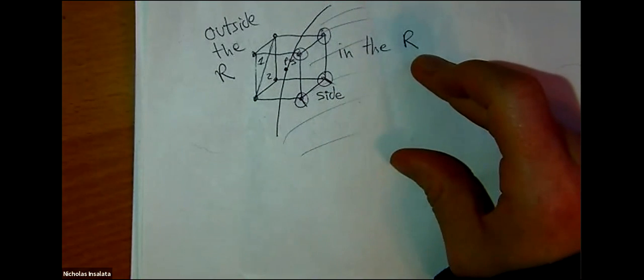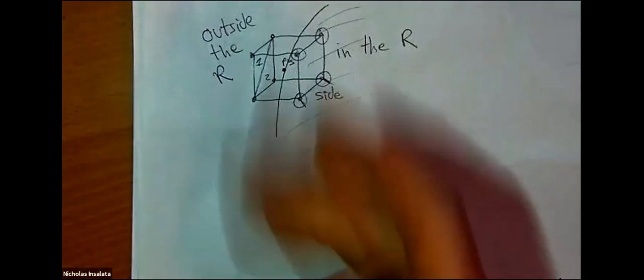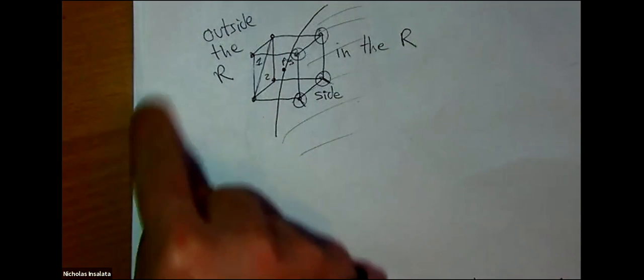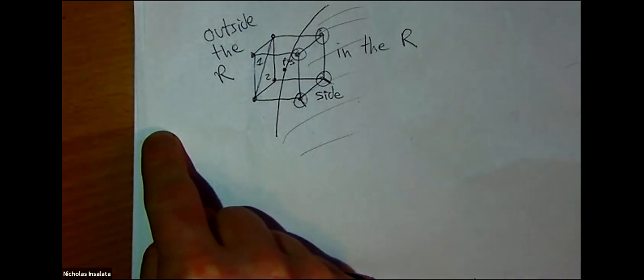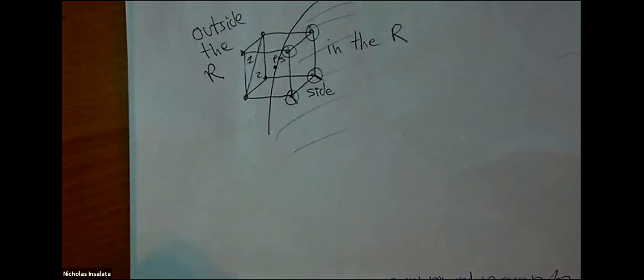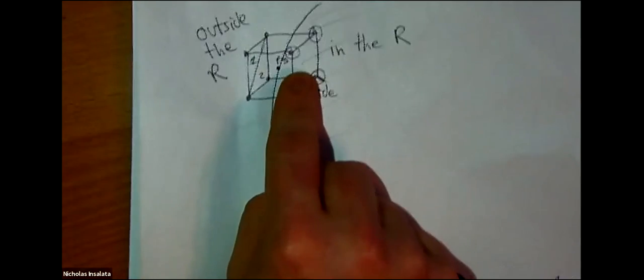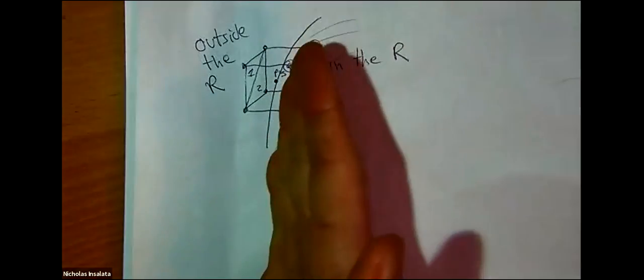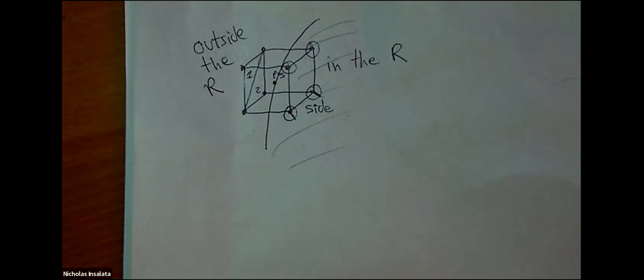If all the corners are inside the relation, then I don't draw that cube, because I know that the surface is not cutting through it. Or if all the corners are outside, similarly, I know that the surface is not cutting through that cube. So I only draw the cubes that have the surface cutting through the middle of them somehow.